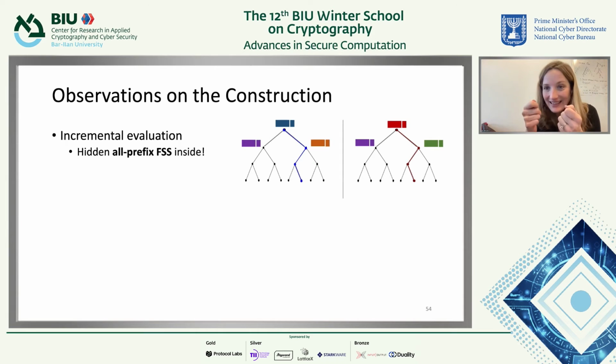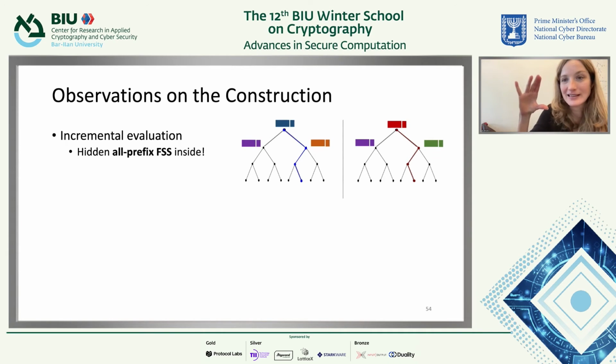If I give you this key that was just trying to give you a DPF for length-n bit inputs for one specific alpha, you can actually already use this key to also evaluate bit outputs for any prefix match that you might want. For example, suppose I give you some input that's just a prefix.